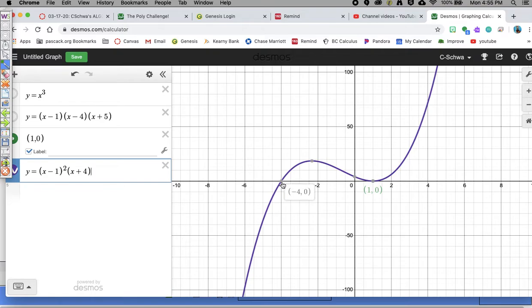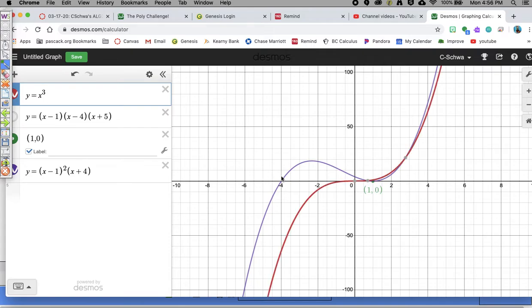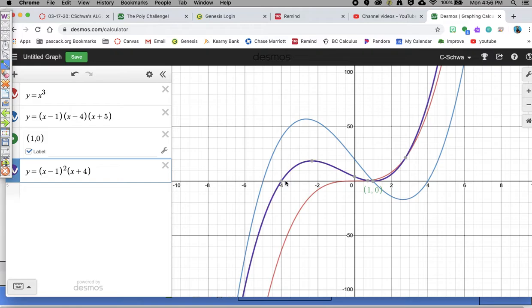How many zeros do you see here? There's 1 here, and again, there's 1 there, which is super interesting. So when you look at a cubic function, you could have 1 zero, you could have 3 zeros, or you could have 2 zeros, which I find super interesting.